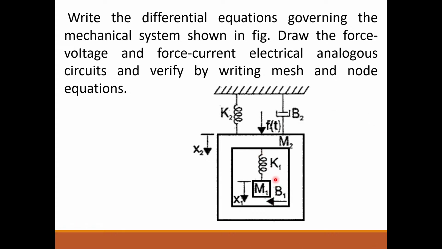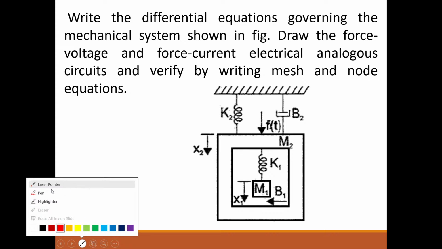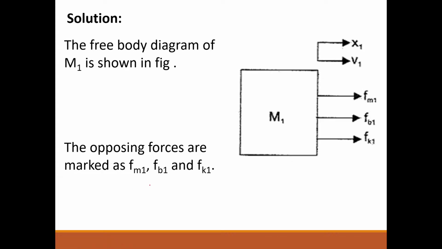Okay then, so we know this is our mechanical translational system. We have to draw the free body diagram for this. Since two masses are there, we can draw two free body diagrams, and definitely you can write two force balance equations.